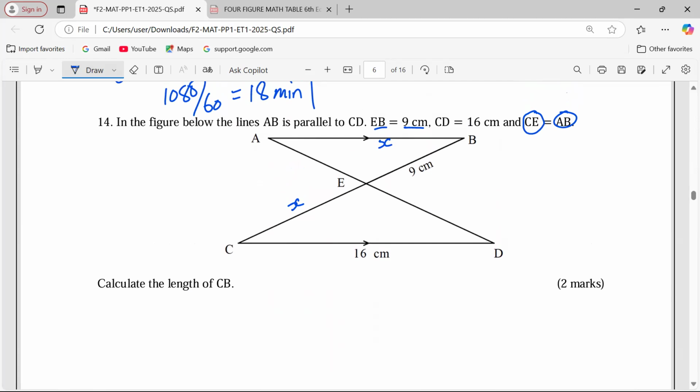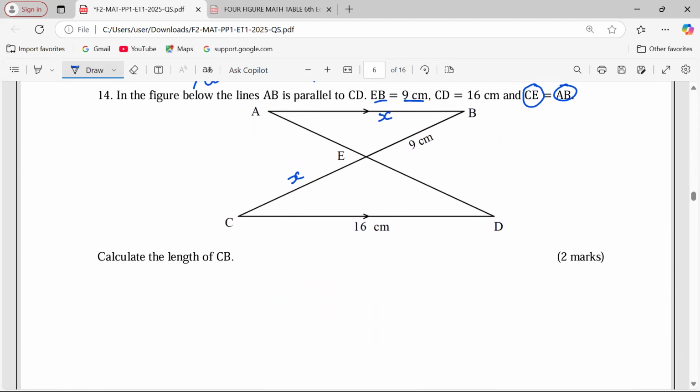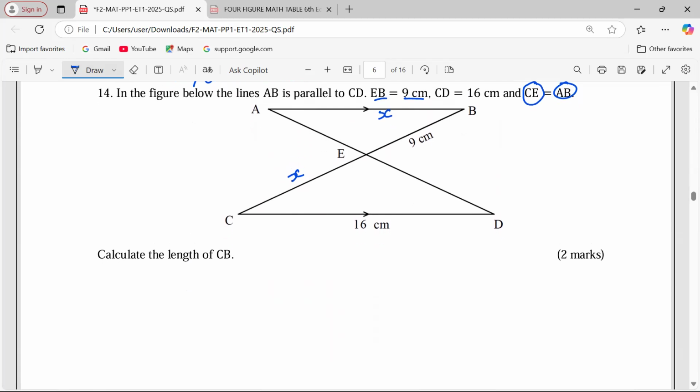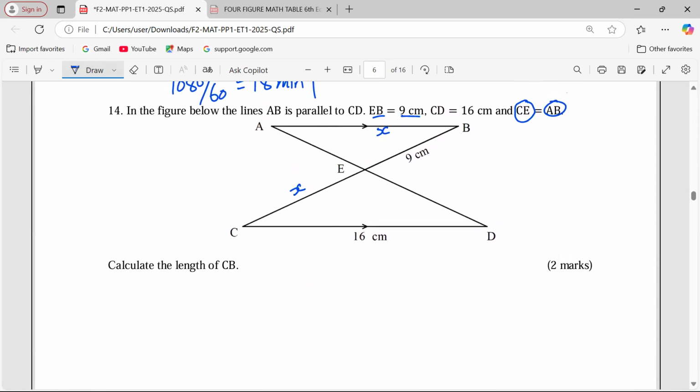We're going to apply what we call, again, similarities and enlargements. Because this is a common point, and CD is parallel to AB, we can see triangles ABE and CED are similar triangles. Now that they are similar, we can equate corresponding lengths.